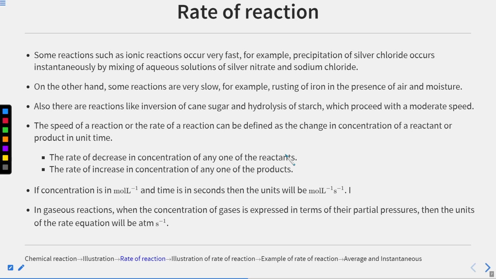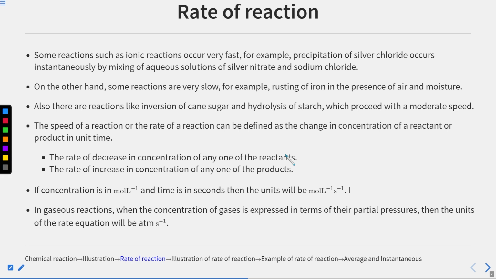To consider the variability in the rate of reaction, I have just introduced you to a very slow reaction. Now, some ionic reactions are very, very fast. For example, the precipitation of silver chloride occurs instantaneously by mixing aqueous solutions of silver nitrate and sodium chloride. If you take your silver nitrate and your sodium chloride and dissolve them in water, what will happen?